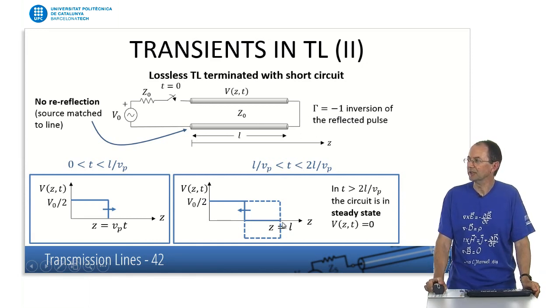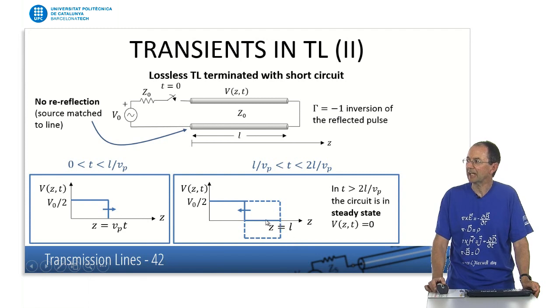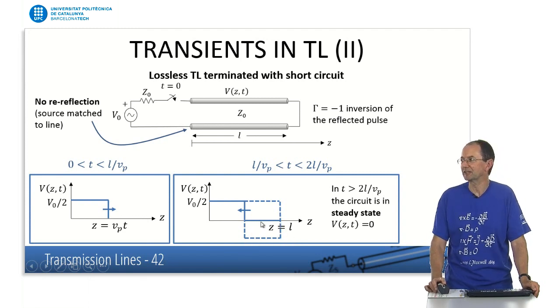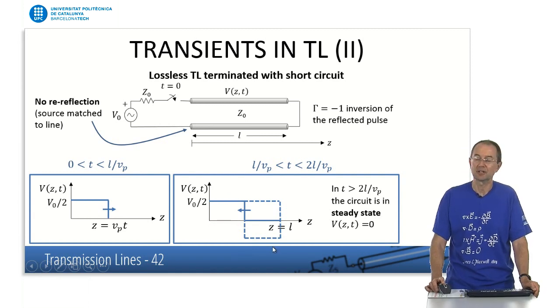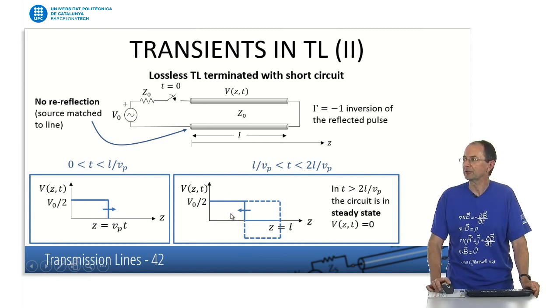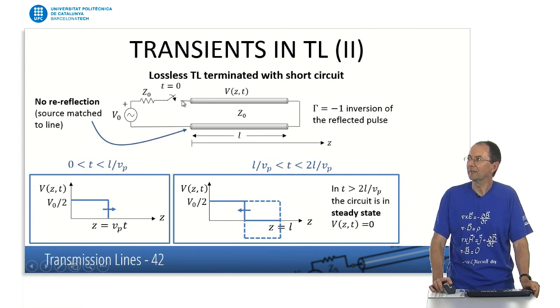So actually, when the backward wave progresses towards the input, it is progressively cancelling the forward signal, towards the left, until reaching the generator. When this reflection reaches the generator, everything from this point to the right will be at 0.